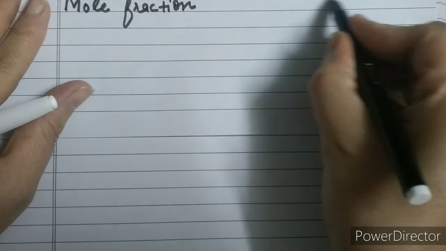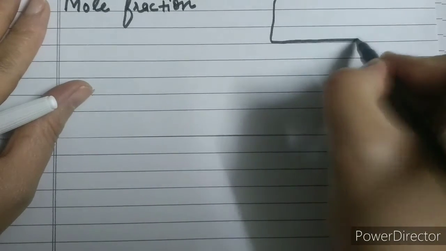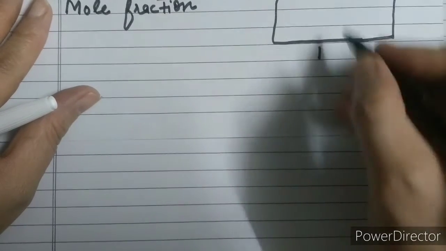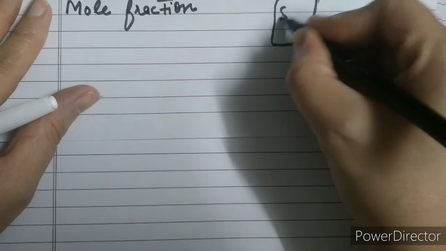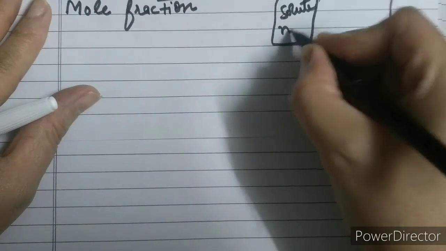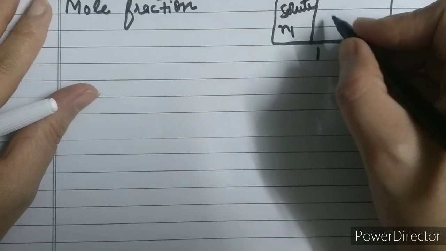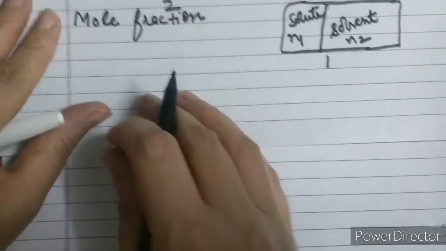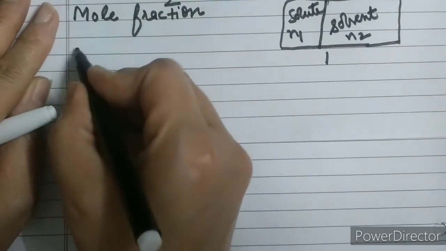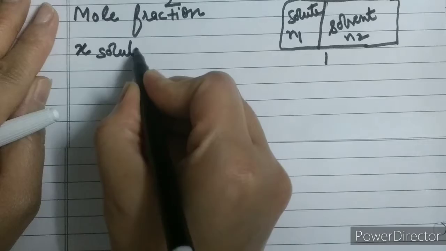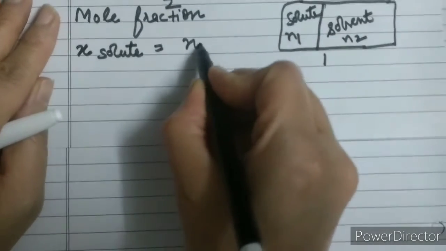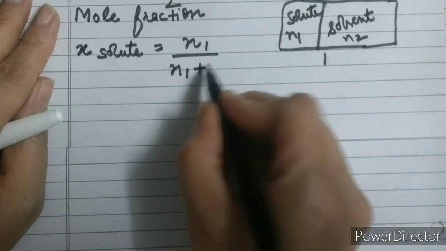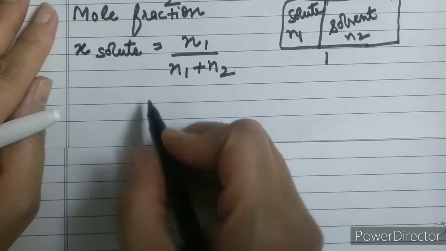If we assume the total solution to be 1, that is, the fraction of total solution is 1, and the number of moles of solute be N1, and the number of moles of solvent be N2, then the mole fraction of solute is defined as the number of moles of solute divided by the number of moles of solute plus the number of moles of solvent, that is N2.